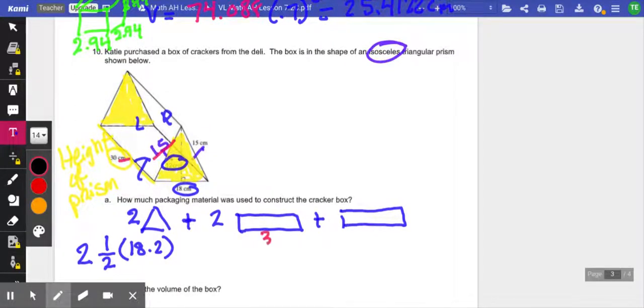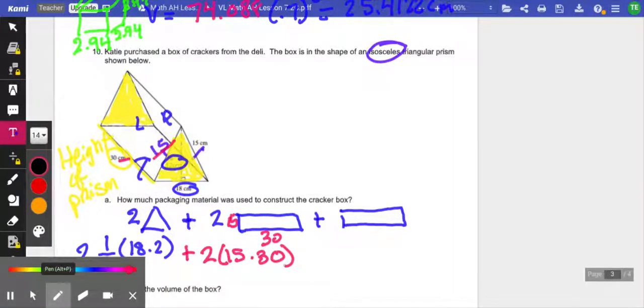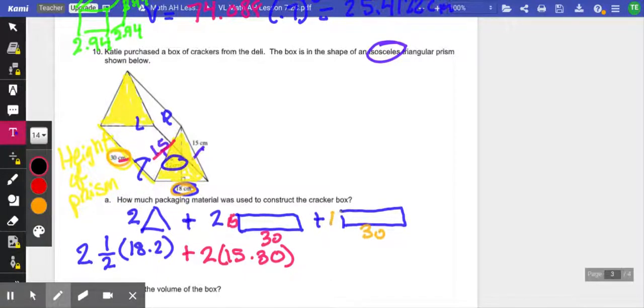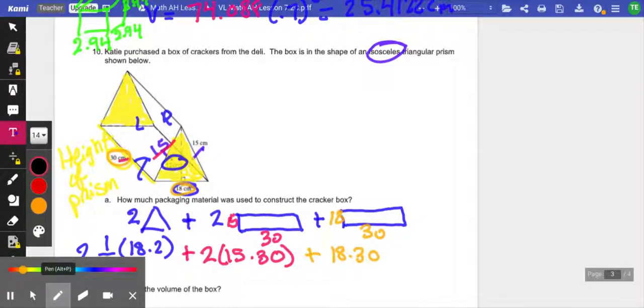So I have two rectangles that are 15 times 30. And my bottom rectangle is 30 by 18. So I have one rectangle that's 18 by 30. And then I need to calculate all those numbers.